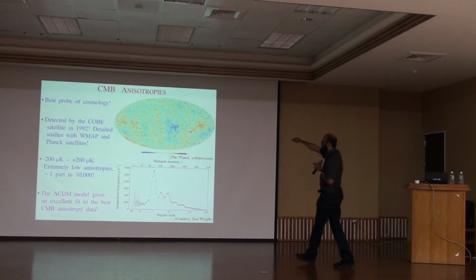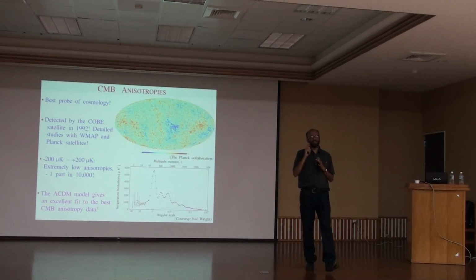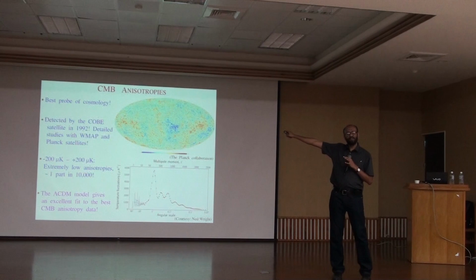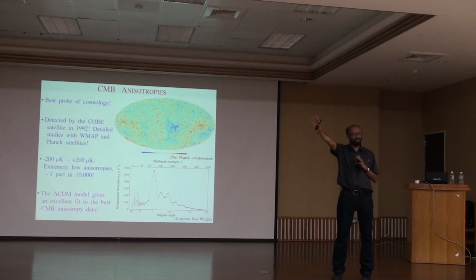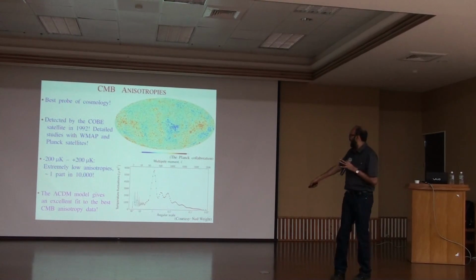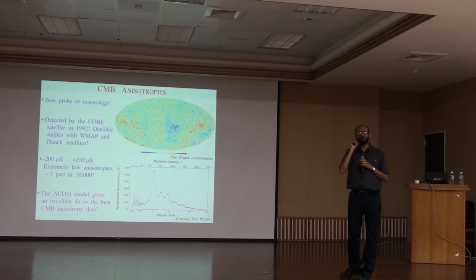So the scale on this plot is minus 0.2 millikelvin to plus 0.2 millikelvin. If I showed you the plot without removing the 2.7 Kelvin, you would never see any differences. It's just completely uniform. Because I've subtracted out, or somebody else has subtracted out the 2.7 Kelvin, now you can just about barely see these small inhomogeneities.